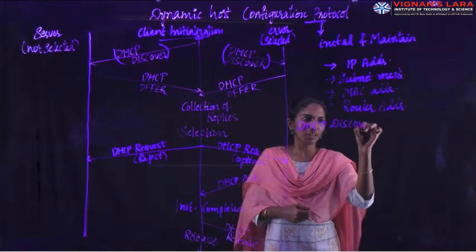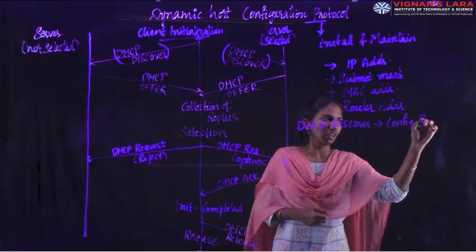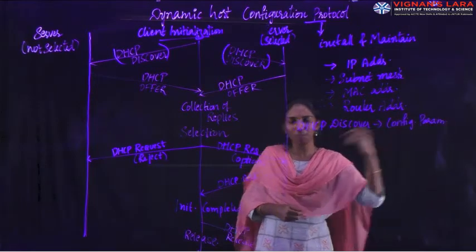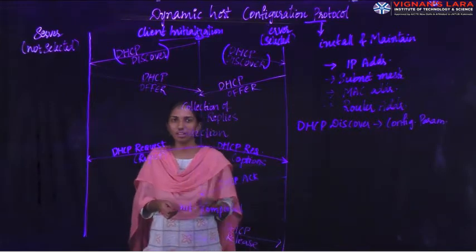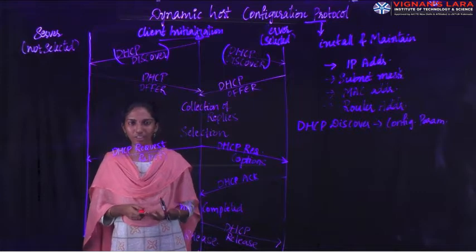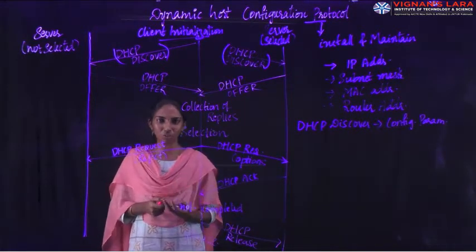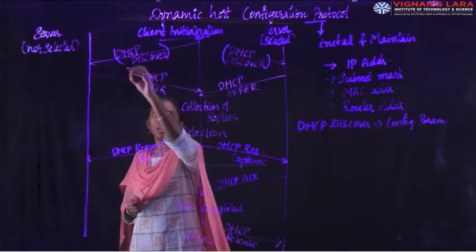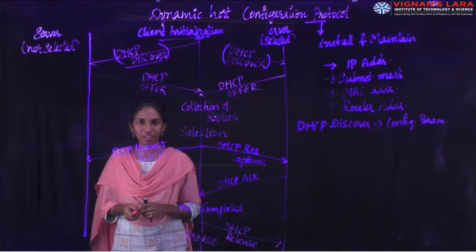DHCP discover contains all the configuration parameters. If one server maintains the application servers and another maintains the web servers, or it might be email servers or database servers, whatever the type of server, based on the configuration parameters we provide and the applications we need to deploy, it is going to send the DHCP discover command to all the servers that are present in the network.